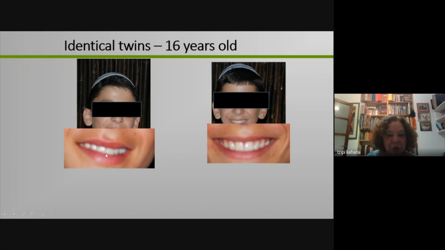Nevertheless, we are looking here at the left lateral incisor of one twin, and at the left lateral incisor of another twin, and what you can see is that one twin has a very large lateral incisor and the other one has one that is much smaller. Then we move onwards to the canine. The canine is tiny, while the canine on this other individual is regular size.